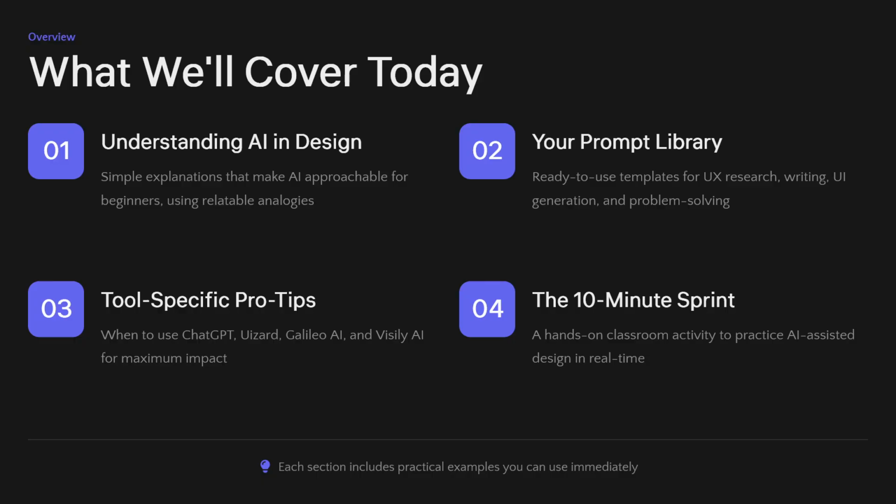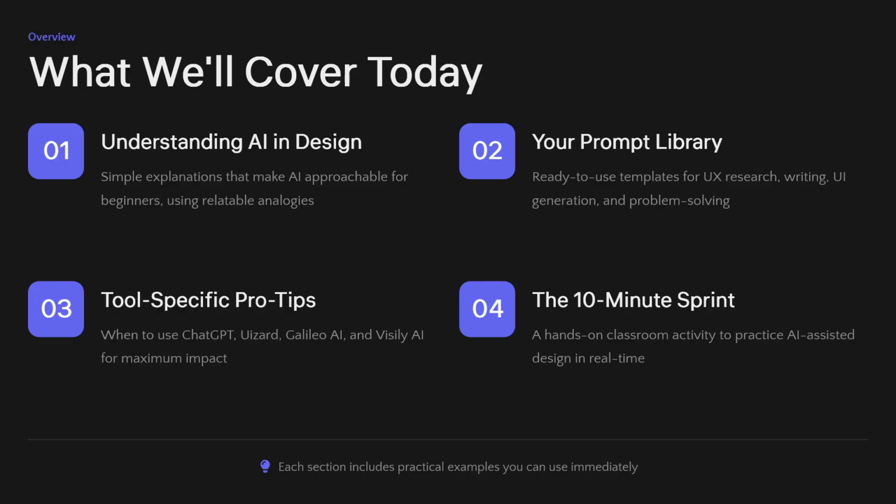And also, we'll have a 10-minute sprint, a 10-minute test run of how we can actually use these AI tools to make our UI UX research and delivery better. Okay, but don't be afraid, because each session is going to have practical examples that we will use as time goes.